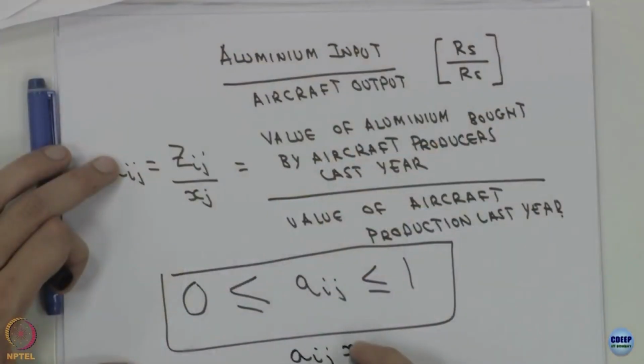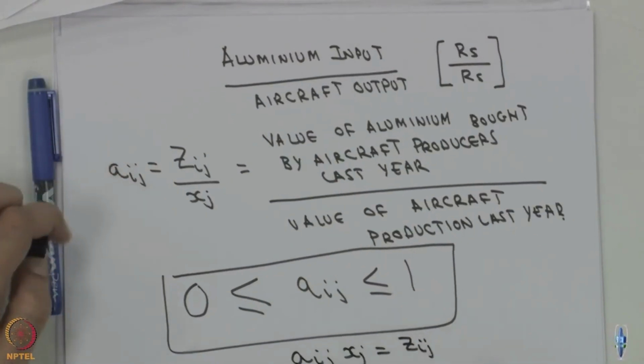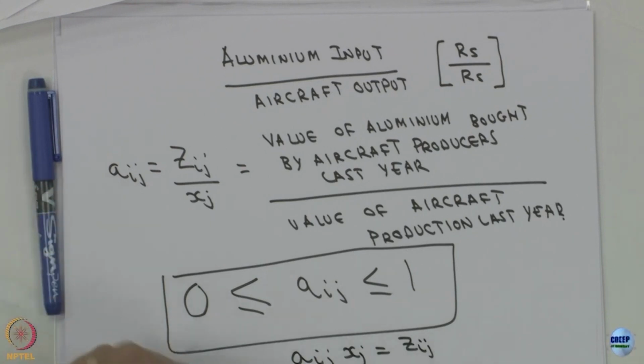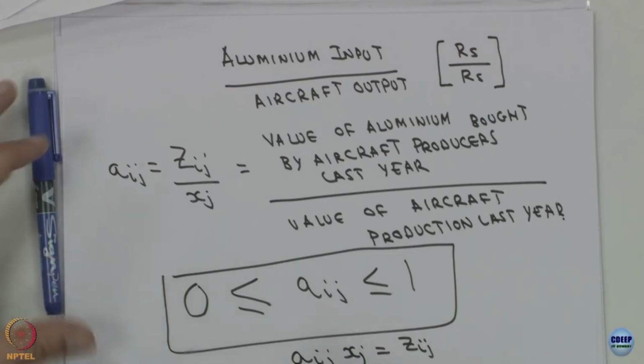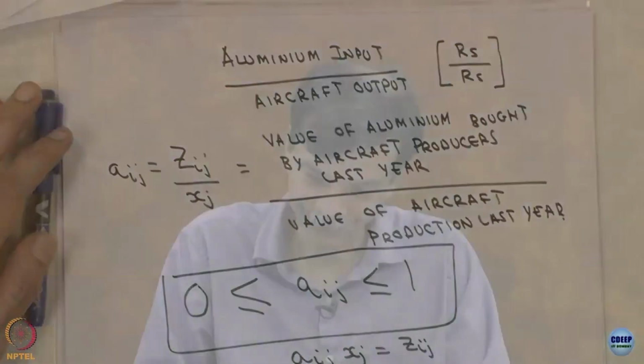So, this aij xj is equal to zij. This is the basis. These coefficients are constant, which means that economies of scale are ignored, and this operates under constant returns to scale. In the Leontief system, the entire basis is that the production operates under constant returns to scale.